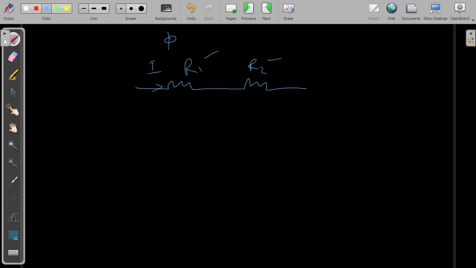So our conclusion is this is a series magnetic circuit.